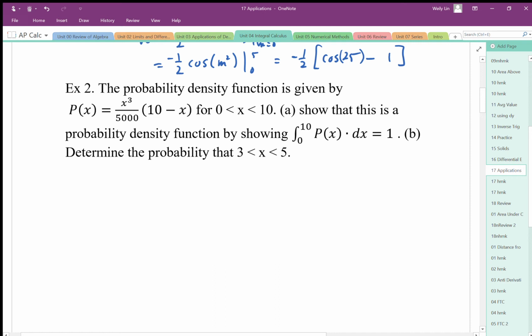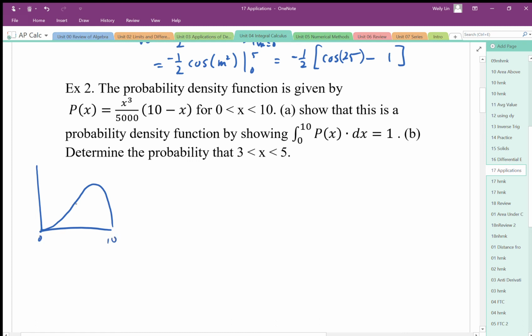I need to change my window a little bit here. So I'm going to have a curve that, generally, looks kind of like that. There's my curve from 0 to 10.